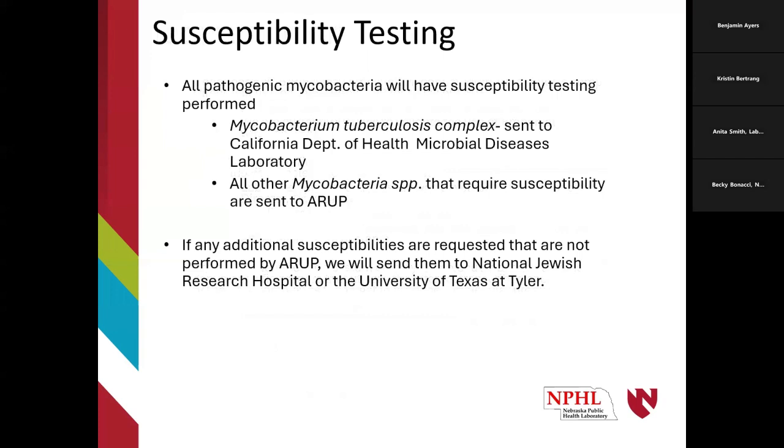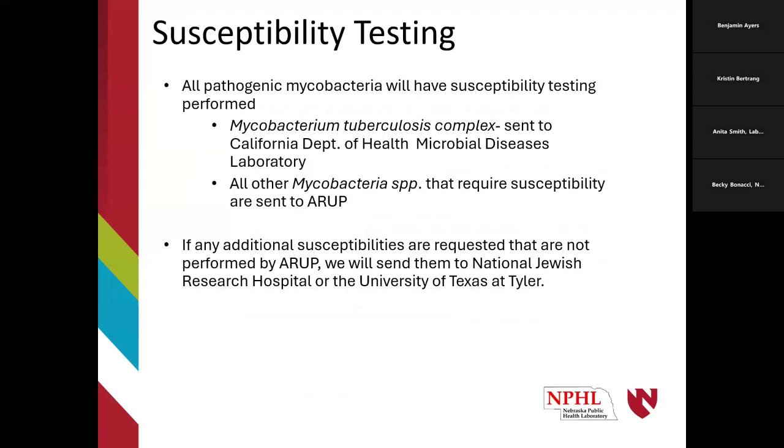Susceptibility testing, and I think a lot of people who do mycobacteriology testing, some will do their own susceptibility testing. Many of us send most of the mycobacteria species other than the TB complex to ARUP.